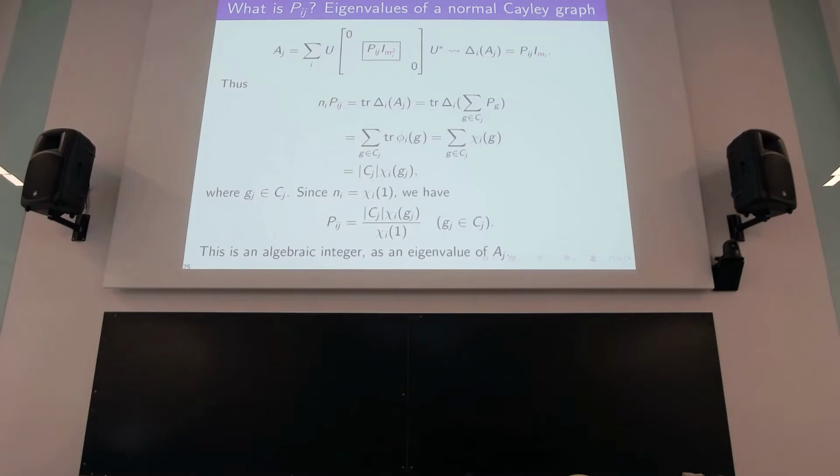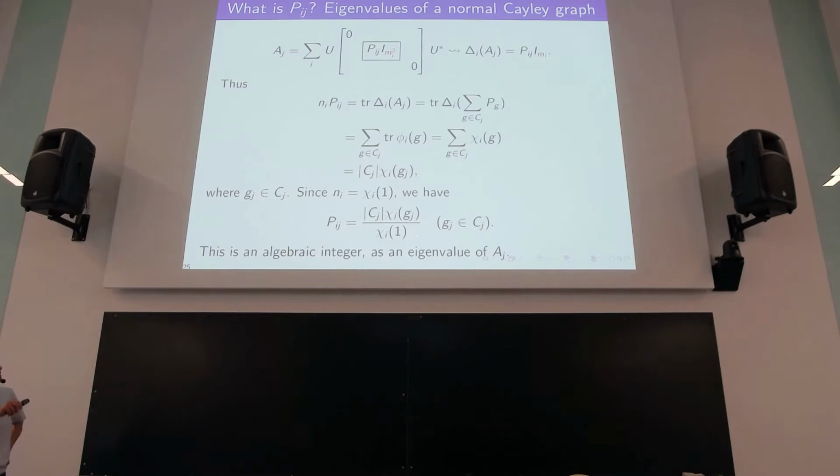Sorry for the use of notation. I should have just chi i of 1 instead of mi or ni. That is the dimension of the representation. So you can solve for Pij. Pij is just the size of Cj times the value of the character divided by ni, sorry, that should have been mi.